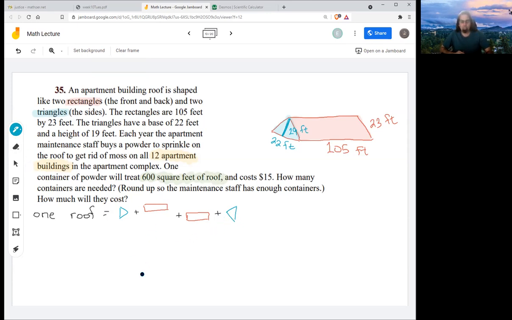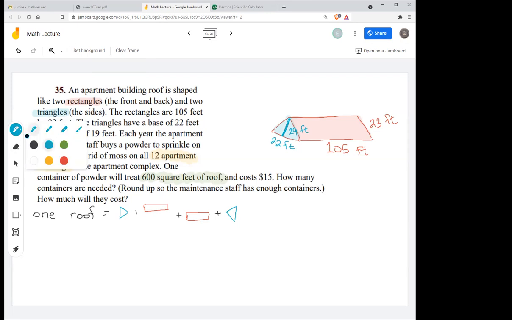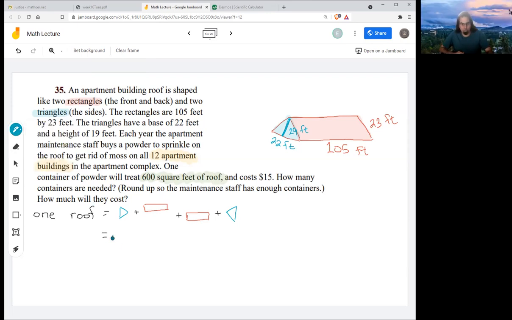Everyone okay with that? Yeah. So that's a 0.5 times base times height plus a length times width. If you wanted to just double all of that, you could, or you could add it twice, whichever makes sense to your brain.